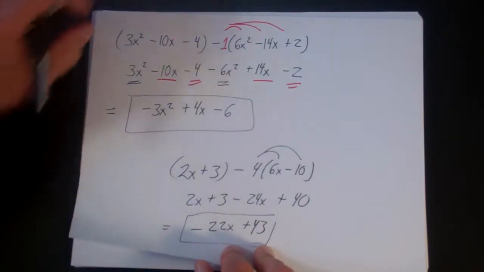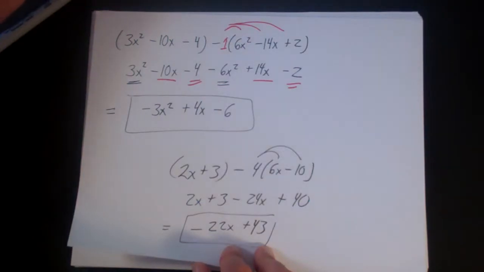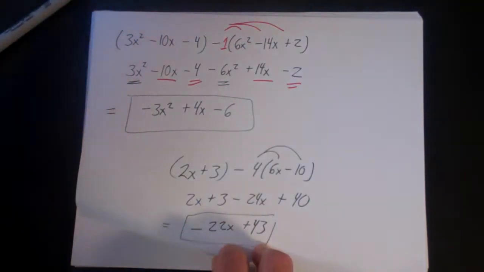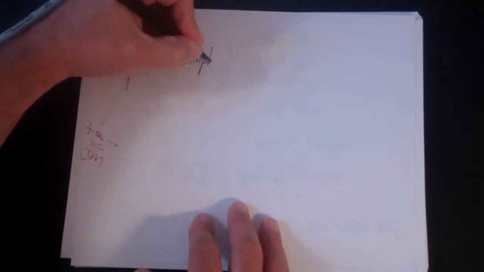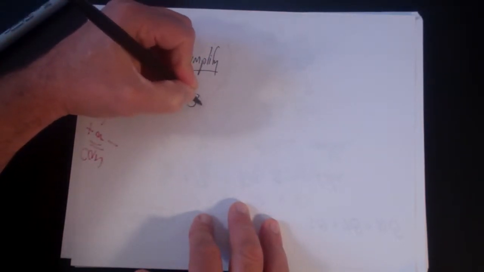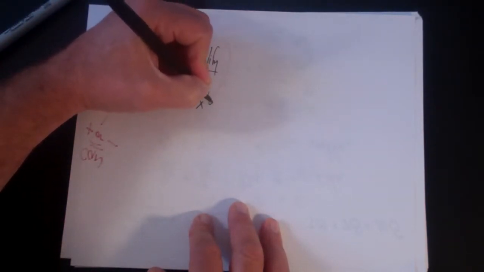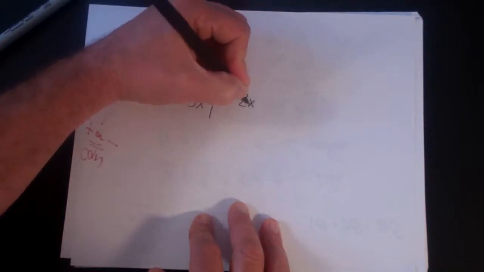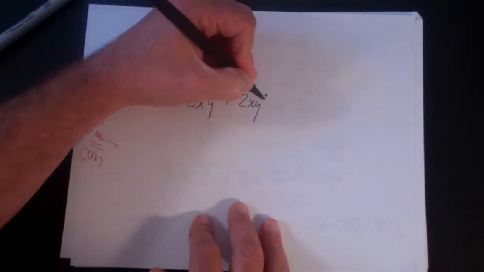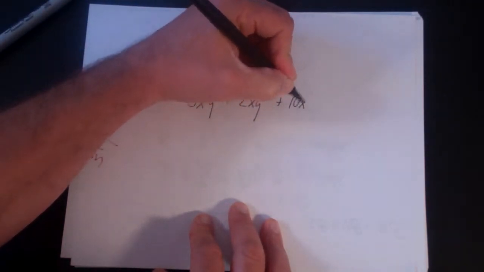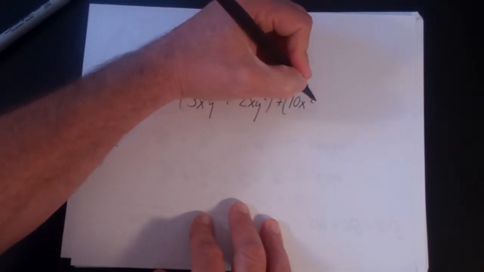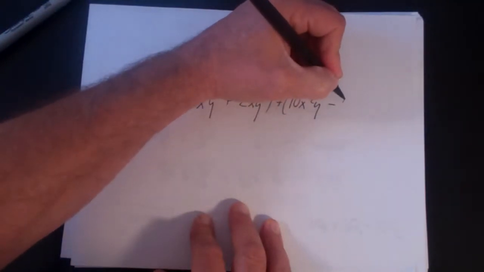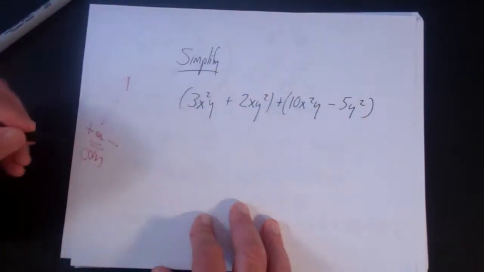The only other problems I ever see people running into with like terms are, let's say you have a problem like this. It says simplify, and it's 3x squared y plus 2x y squared plus 10x squared y minus 5y squared.